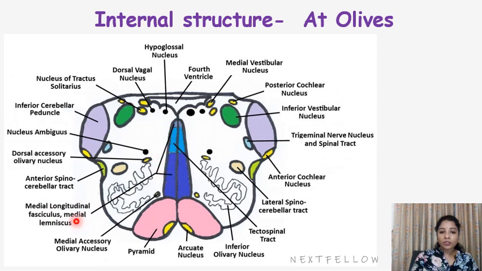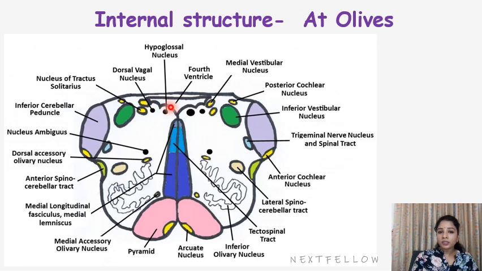And we already saw the formation of the medial lemniscus here, which we saw just in the previous image before crossing over. And we can see the cut sections of the inferior cerebellar peduncles also. And here this is the open part of the medulla, which forms the floor of the 4th ventricle.